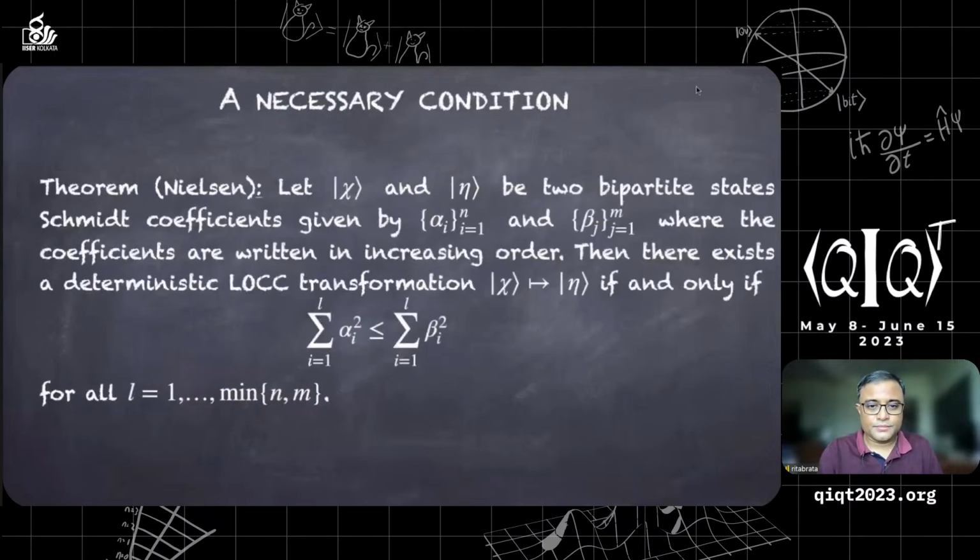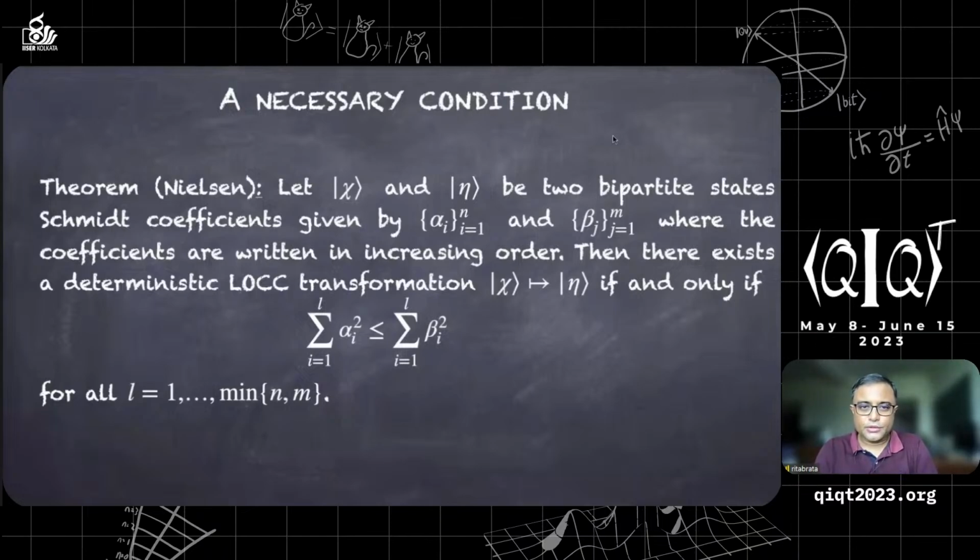So let us try to figure out what the rules can be, what necessary conditions we can write down for these LOCC transformations. Now see, for LOCC, we already have a necessary condition just for one state.